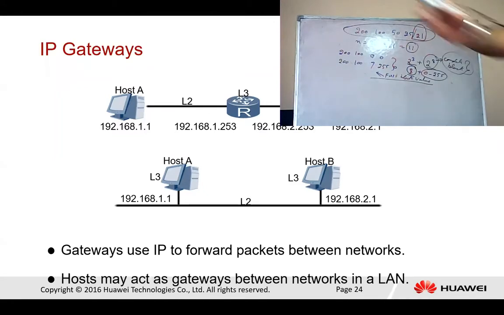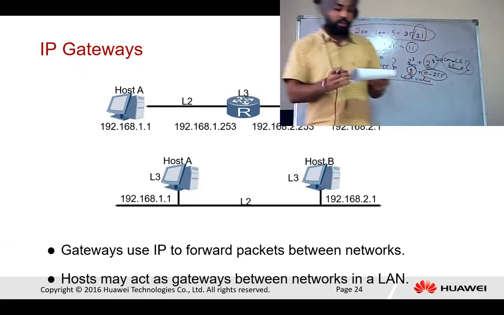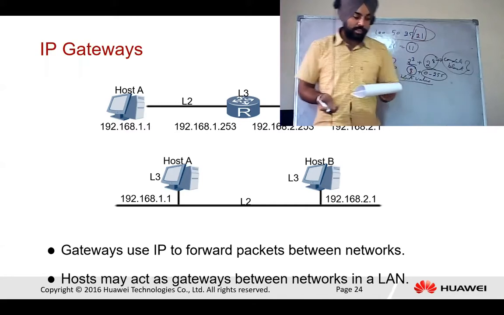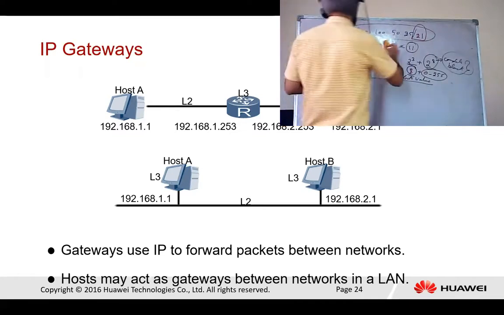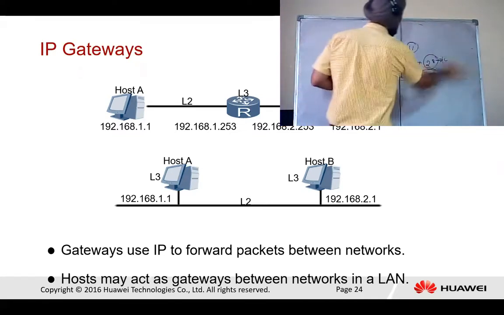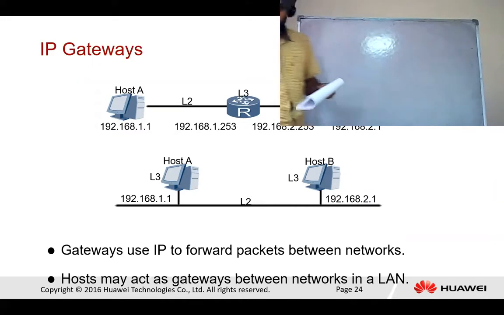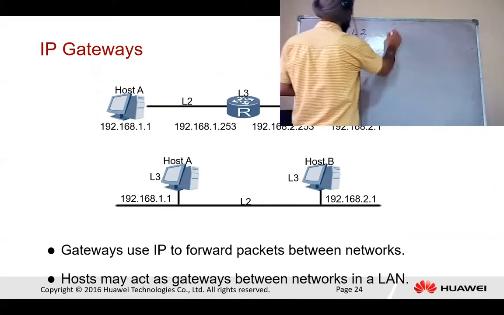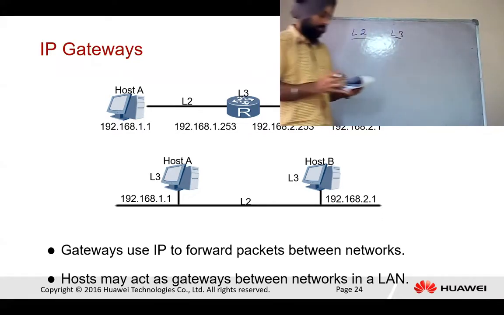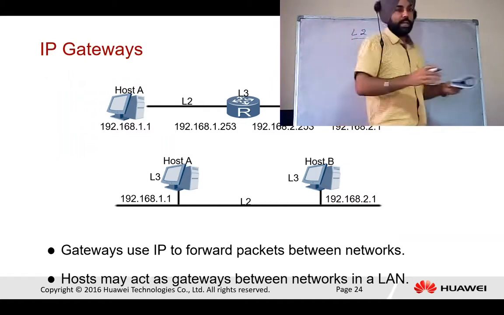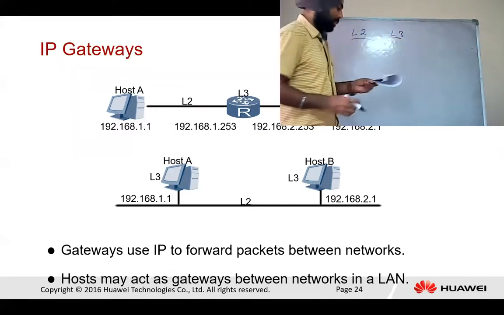Next one is IP gateway. So why gateway? Because default IP functions cover all the methods going to the network. We can say there are two networks, L2 and L3, in a given network. L2 is one local area network in the diagram shown in the PPT, and L3 is another local area network.